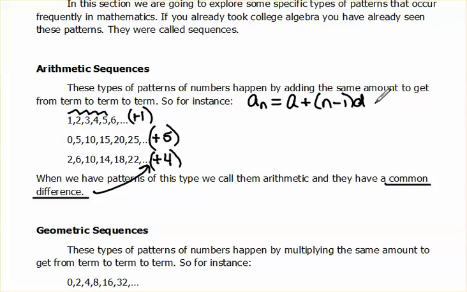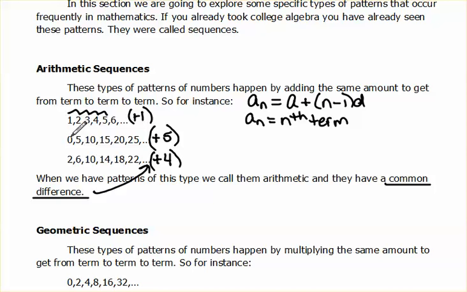Now don't worry if you don't remember what that formula is. I'm going to go through all of the variables for you to explain it. So the first variable there, a sub n, that's what we call the nth term. So for instance, in let's say the second example here, the nth term would be like saying that this term is 0.